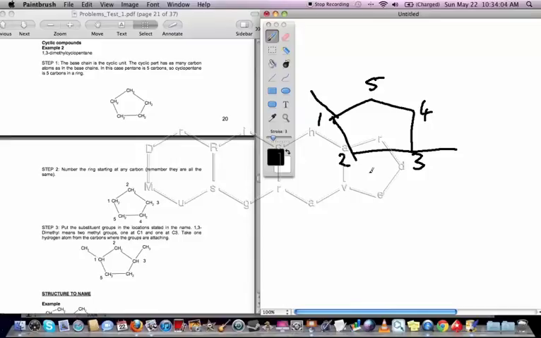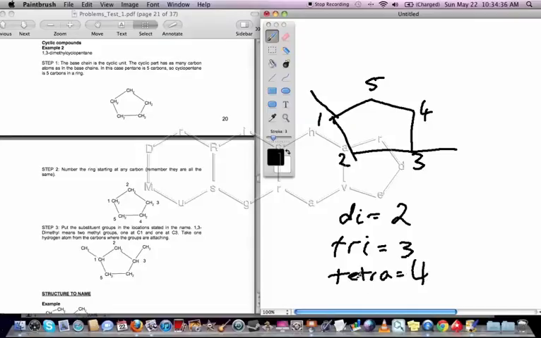So you've got these prefixes: di, which is 2, tri, which is 3, and tetra equals 4.